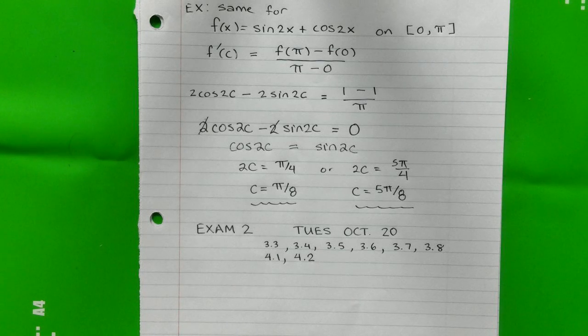In 3.4, we did that business with a particle moving on the number line, finding its velocity, acceleration, distance traveled, and stuff like that. 3.5 was the chain rule, so more derivatives of compound functions. 3.6 was implicit differentiation, and in there we got the derivative rules for our inverse trig functions, for logarithms of other bases, for exponential functions of other bases.